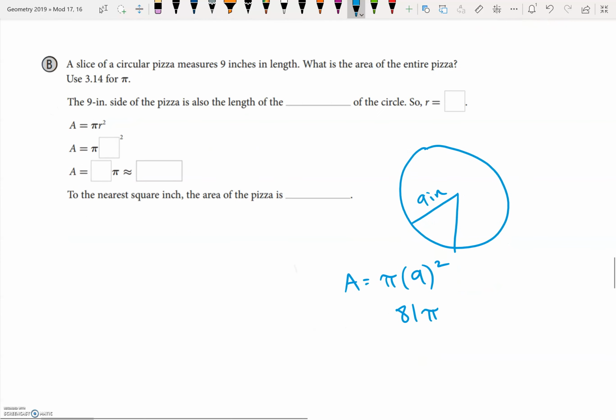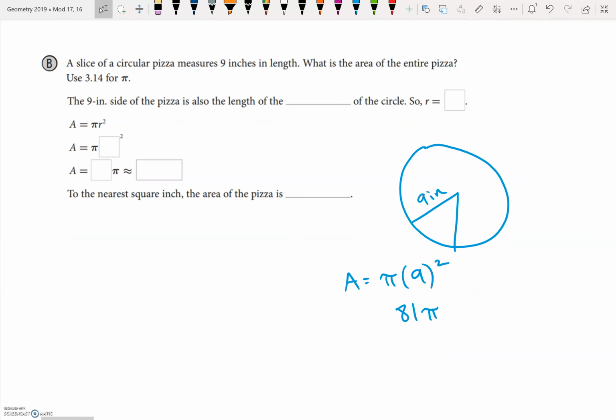However, that doesn't mean anything in terms of our real-life measurements. So we'll do 81 times pi, and we get 254 inches squared. Oh yeah, the one thing I want to mention between area and circumference is we want to write down our units for area as squared, and our circumference is just distance, so that's just going to be our units.